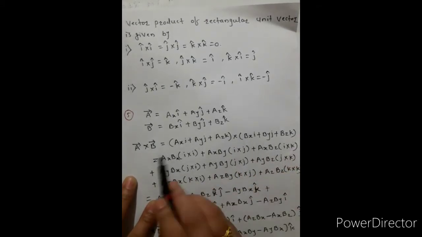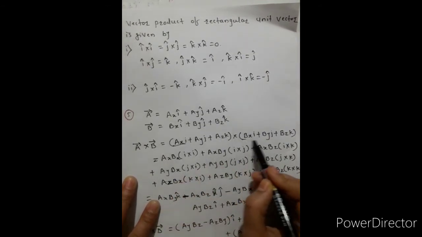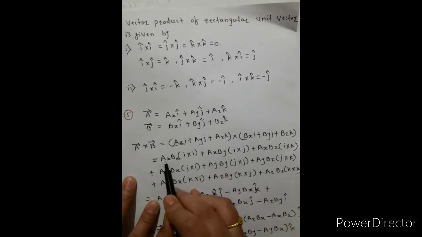Now to find their cross product, we multiply each term by the whole bracket.